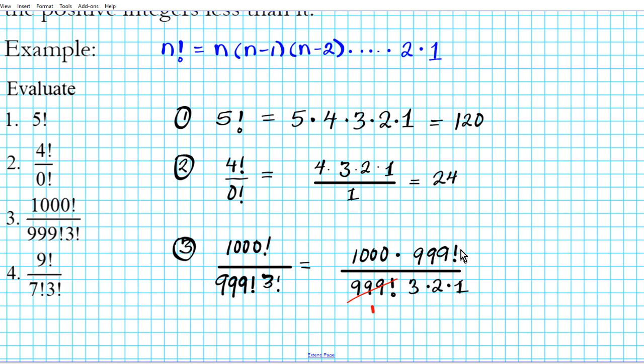These two divide out nicely. So we've successfully canceled out the bigger problem in the denominator, and we're left with a simpler problem. So the numerator is 1000 times 1, which is 1000, divided by 3 times 2 times 1, which is 6. This can be reduced further by dividing the numerator and denominator by 2, since they're both even.